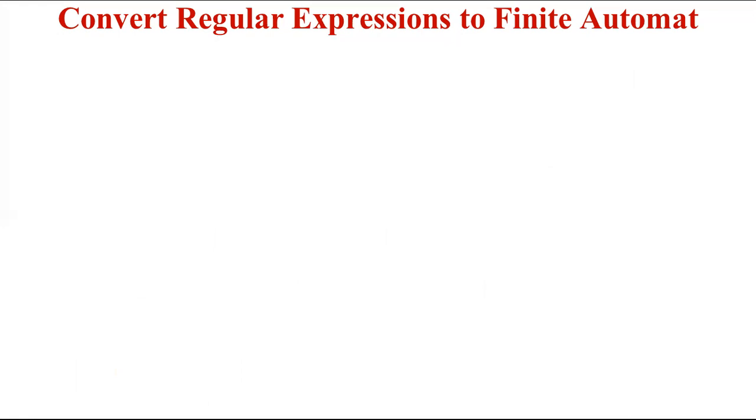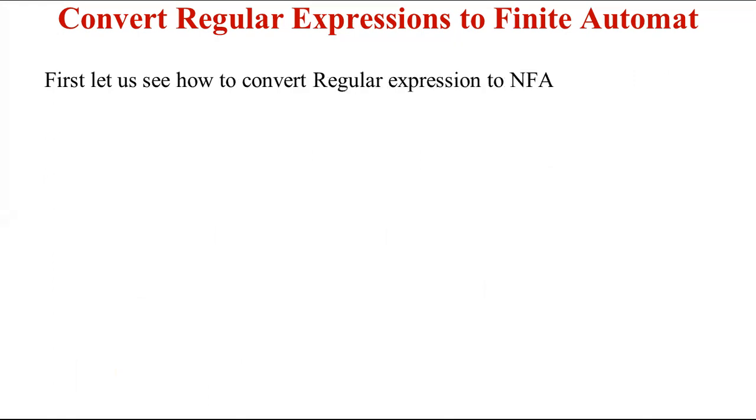So that we can easily understand how we can convert a regular expression to a finite automata, first, let us see how we can convert a regular expression to a non-deterministic finite automata, NFA. If we have a regular expression A or B, then it can be represented by using two states and two transitions between these two states.